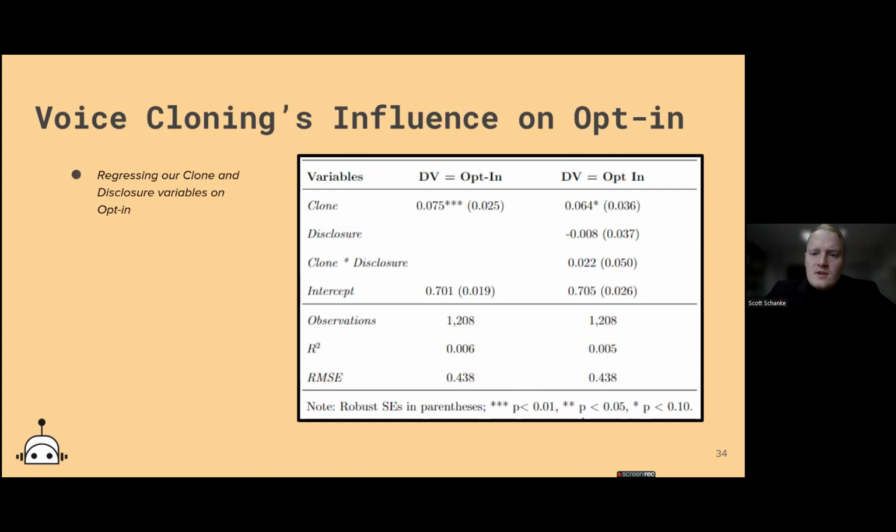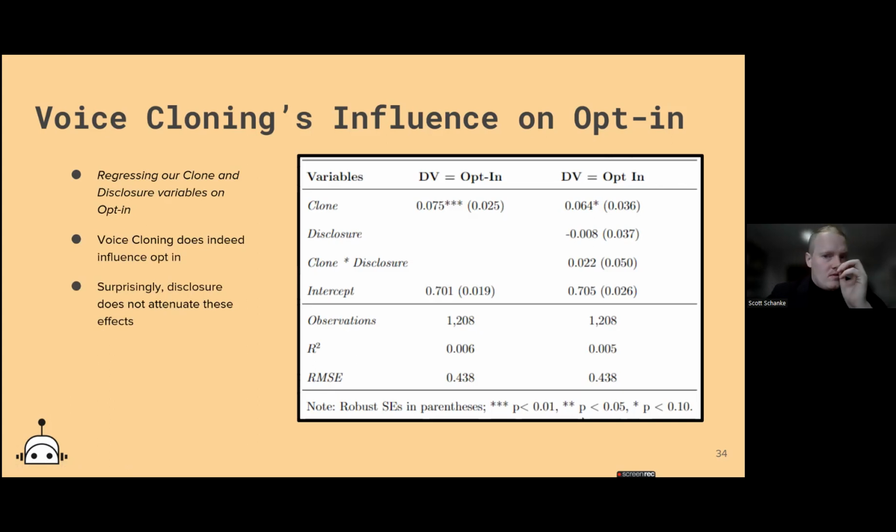So here are our regression results. We used a linear probability model to look at how clone induced opt-in. So we regressed our clone and disclosure variables on opt-in. It does appear, at least in this regression, that voice cloning does indeed influence opt-in.